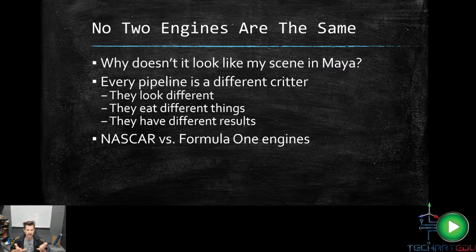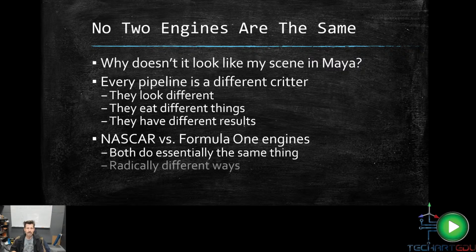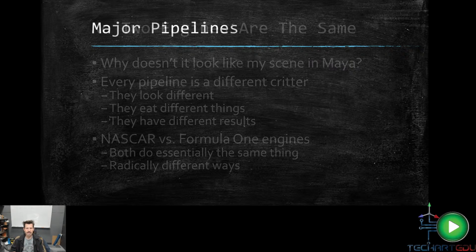So that's a big difference. But other than that, a NASCAR engine and a Formula One engine are entirely different things, even though they are race cars. They both essentially do the same thing, but they do it in radically different ways. In the exact same way, no two rendering engines are exactly the same.